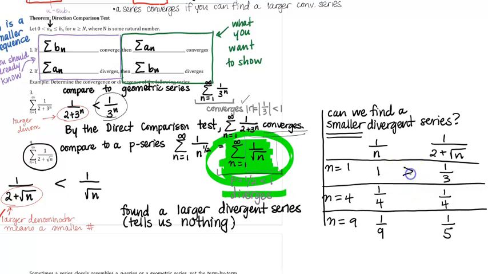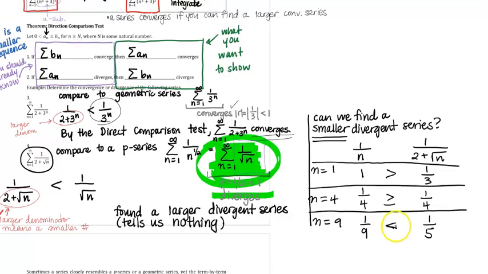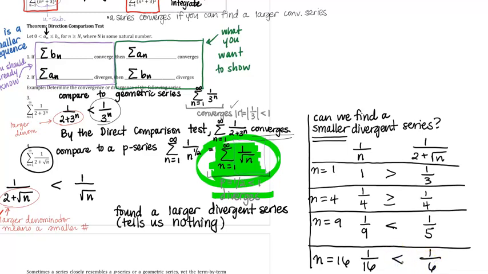Well, a third is smaller than 1. A fourth is less than or equal to a fourth. 1/9 is less than 1/5. When n is equal to 16, we have 1/16 and 1/6. 1/16 is less than 1/6. So it looks like, in fact, notice right here when n is 4, I can turn it this way because they're equal.